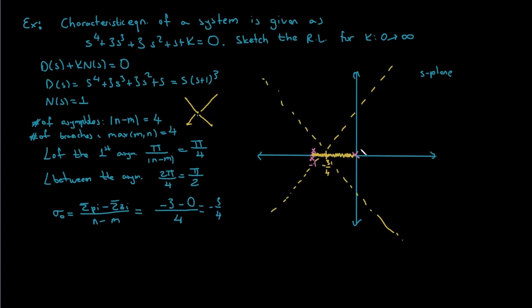We know that each of these poles is going to follow the asymptotes. We have 3 poles, and they will all follow the asymptotes. But first they will move on this real line, and then continue further. They will break away at a certain point over here, and then they will follow the asymptotes. So let's try to find the break-in or break-away points, and then maybe we can continue.